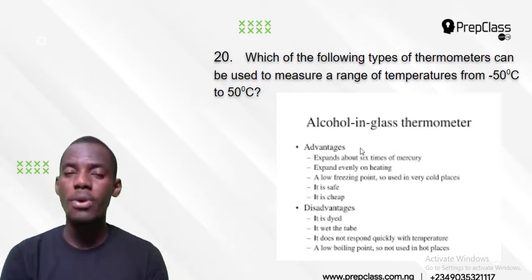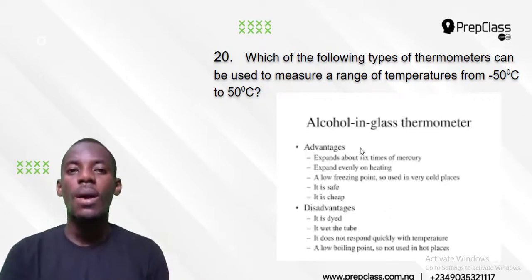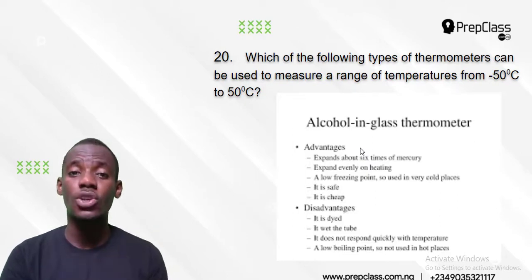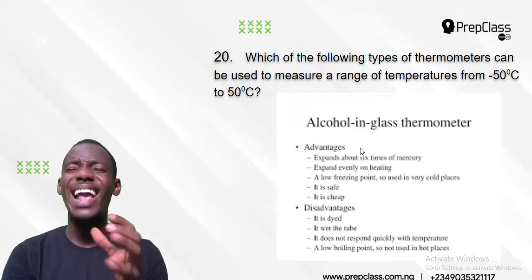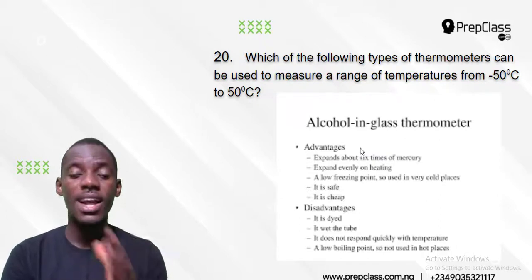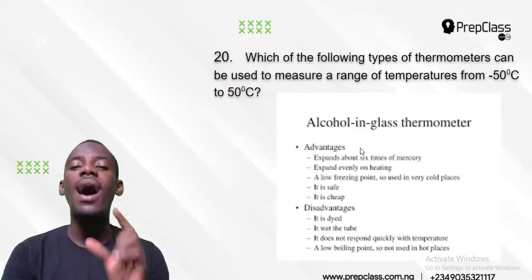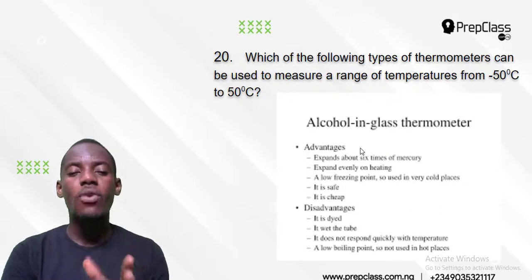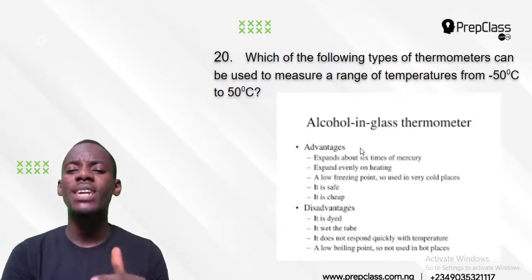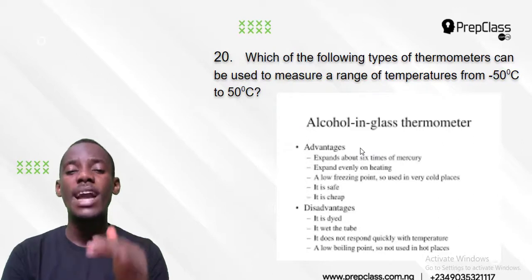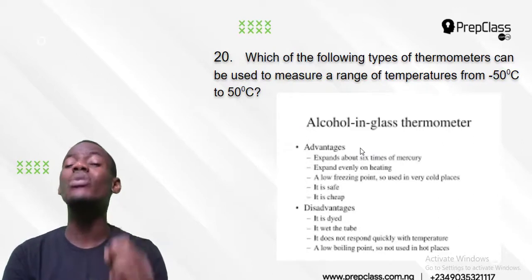Now it is not common because we are not in the cold region of the world. But if you are in the polar region, you can't use a mercury thermometer there because it is extremely cold all around the year. So you can only use an alcohol in glass thermometer because it can measure extremely low temperature.